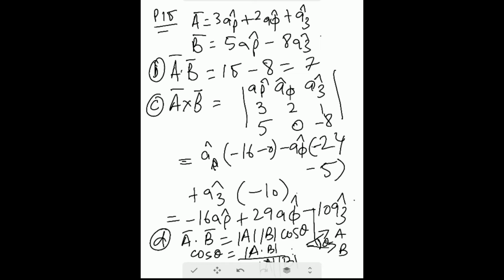So this will be equal to 7 divided by the square root of 14, multiplied by the square root of 25 plus 64.